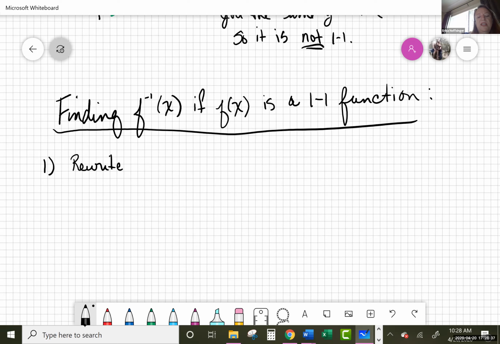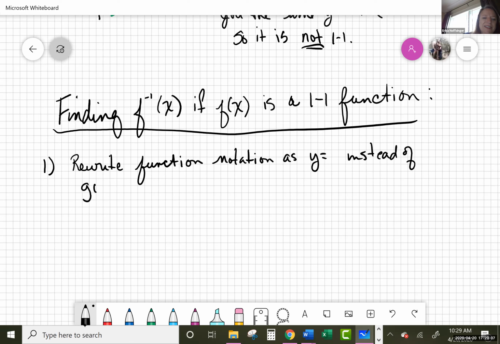If it's given to me in function notation, like f of x, g of x, h of x, I tend to first rewrite that function notation as y equals, instead of g of x equals, h of x equals, f of x equals.